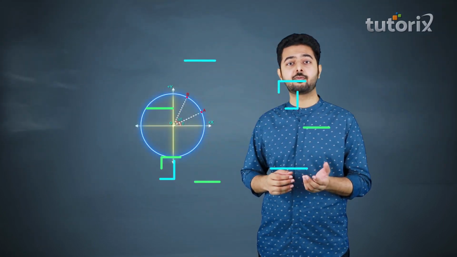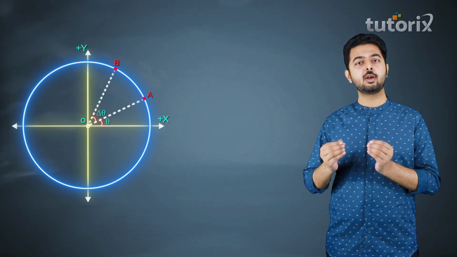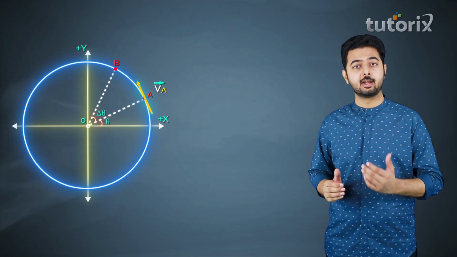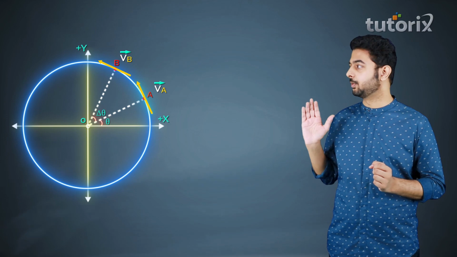Now let us move on to the real question while learning circular motion. Consider the initial example in which a particle moved from a point A to another point B. Let us say that at point A its velocity vector is VA vector as shown here, and at point B its velocity vector is VB vector, which is also shown here.